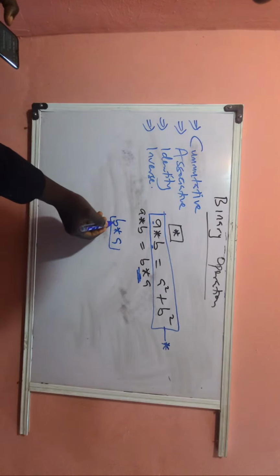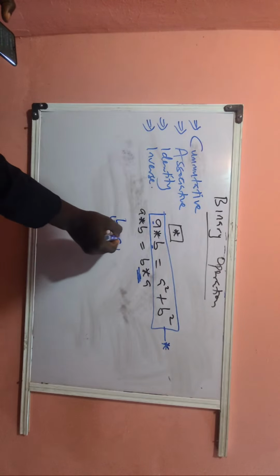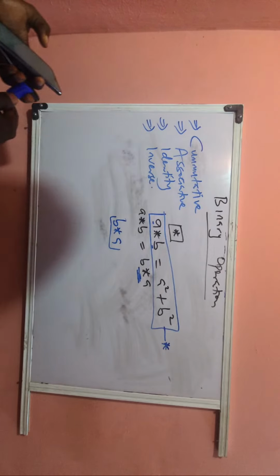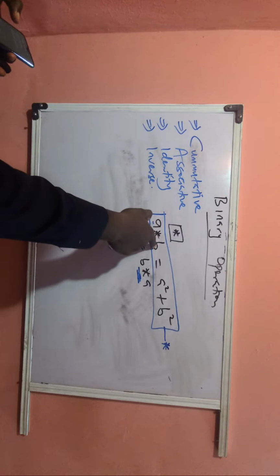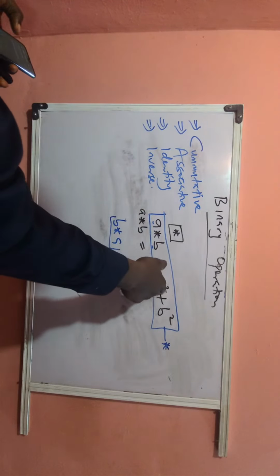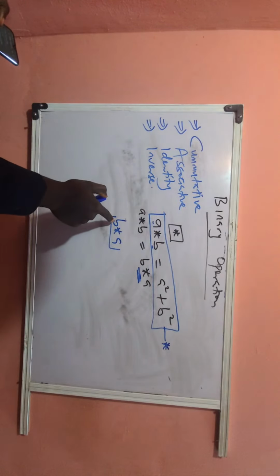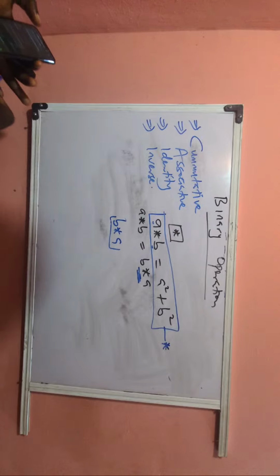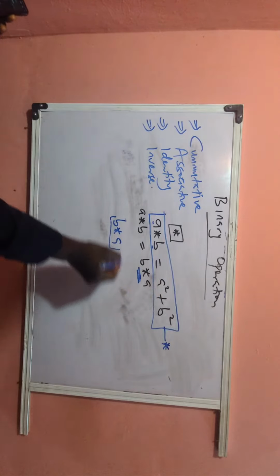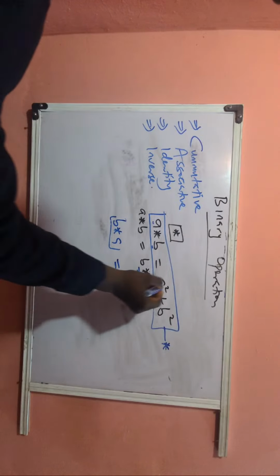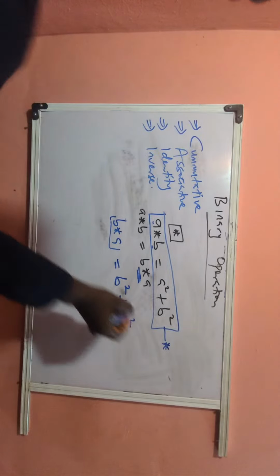Wherever you saw a as the first and b as the second, the first star the second was the first square plus the second square. Now in this case, b is the first. So obviously, your answer to b star a will be b square plus a square.